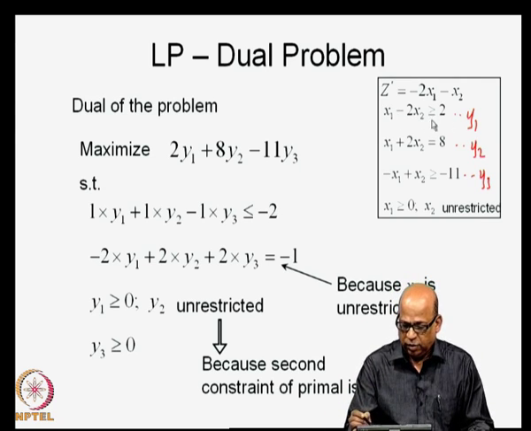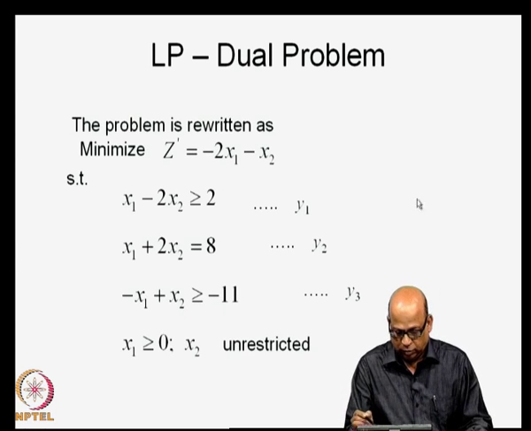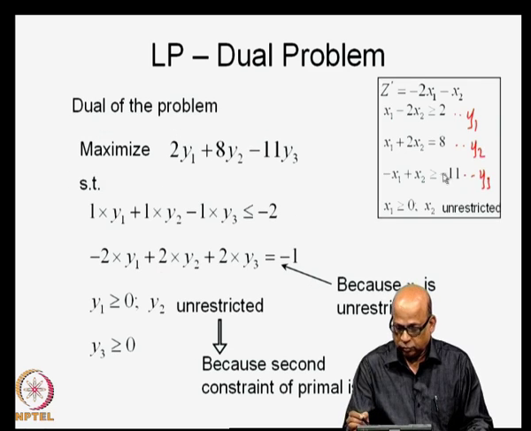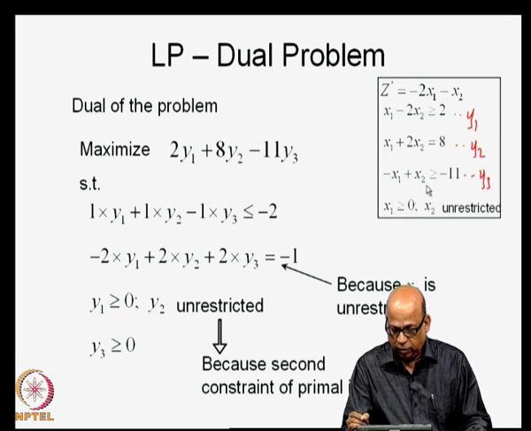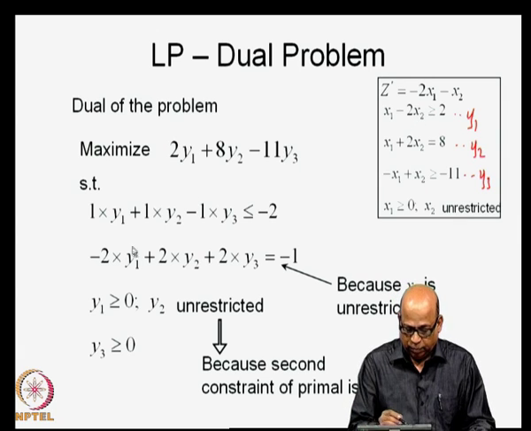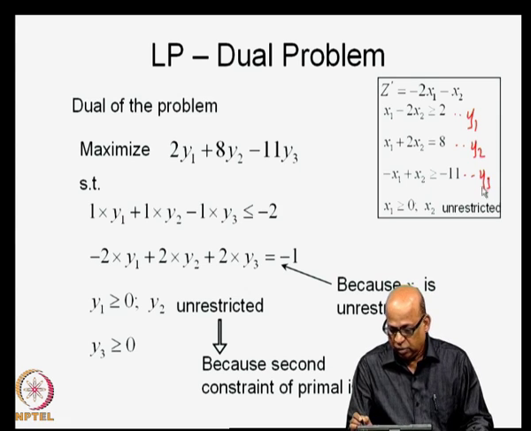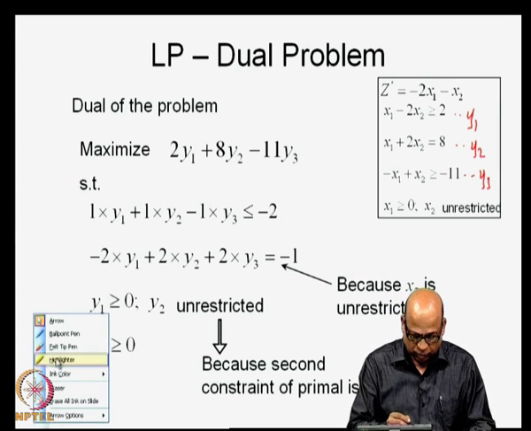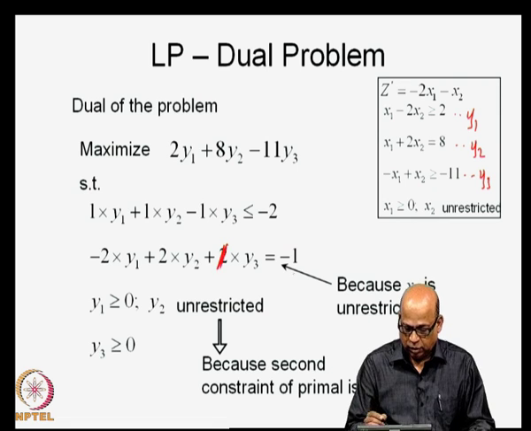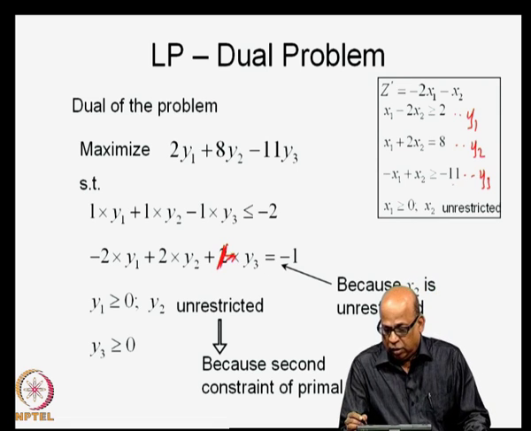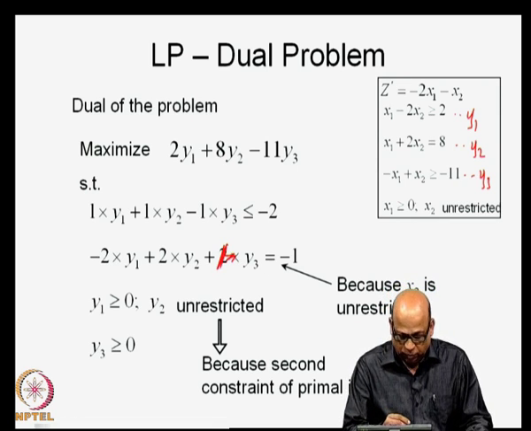Similarly, we write it for x2. So, minus 2 into y1 plus 2 into y2 plus 1 into y3. Let me just check this. Yes, this has to be plus 1 y3 is equal to minus 1.